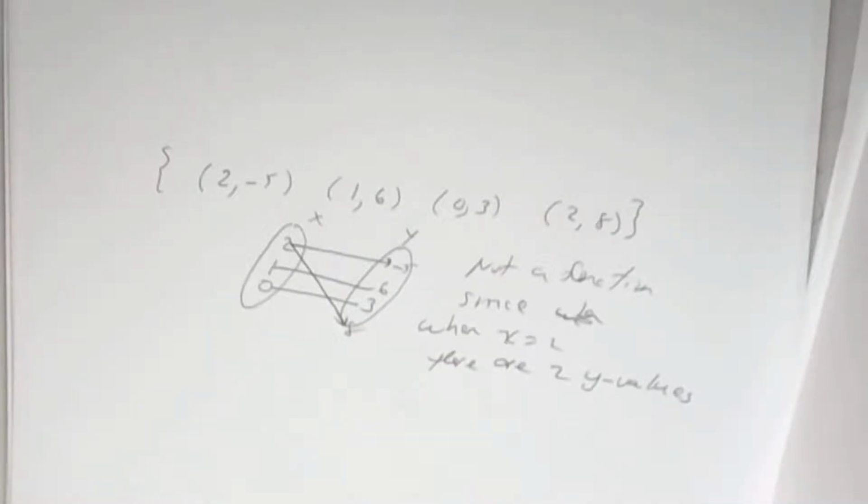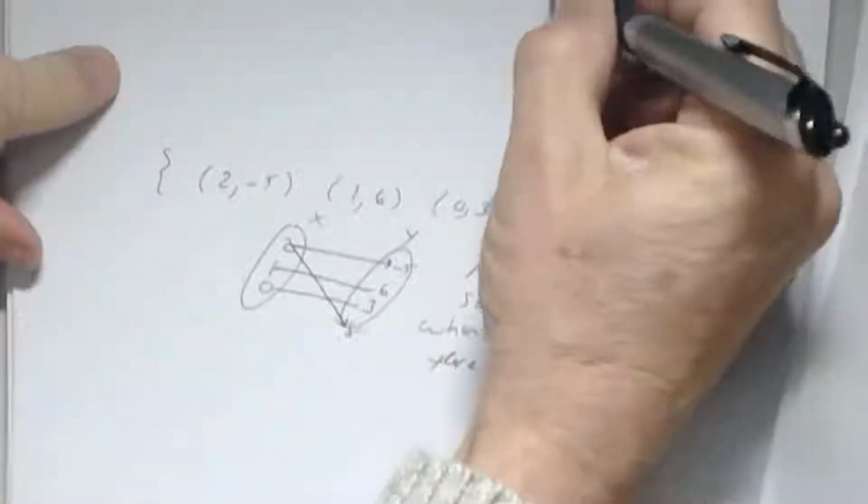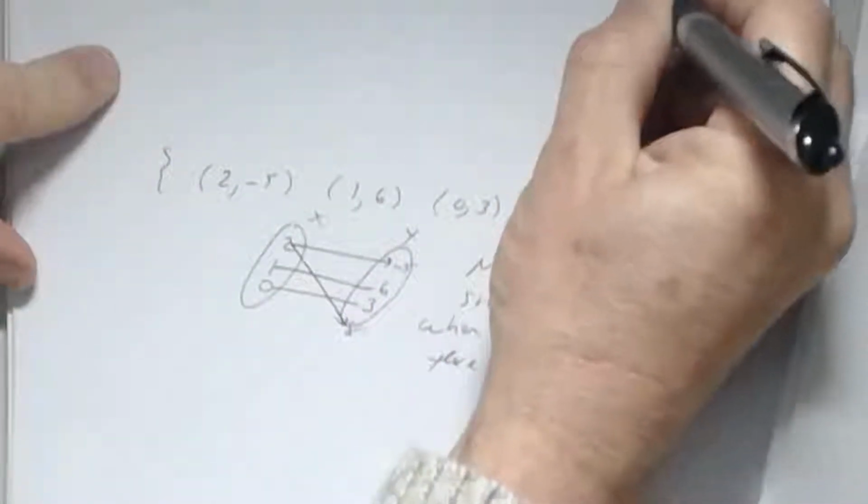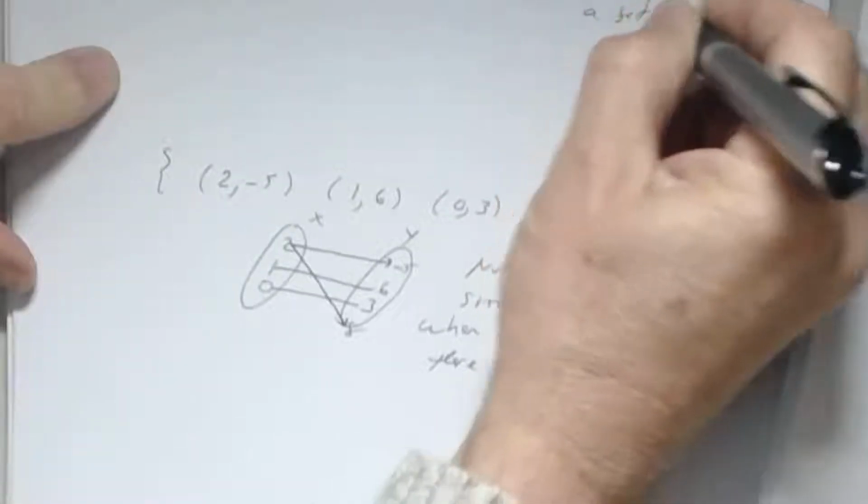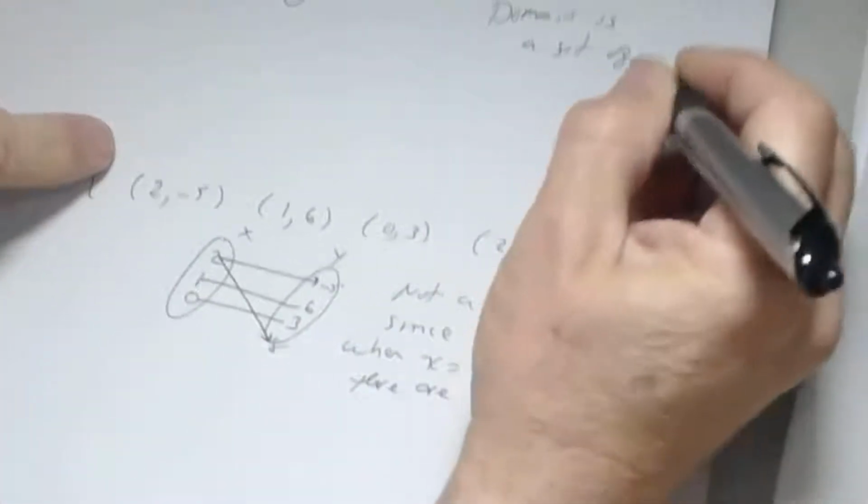Okay, now the other thing you've got to know, besides given a finite set, whether it's a function or not, you have to determine the domain and range. So let's talk about what a domain is. The domain is a set of x coordinates.